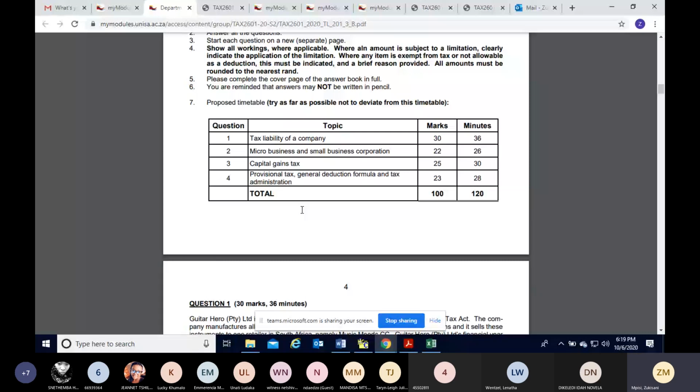We have covered different types of taxpayers, which also included provisional tax calculation, micro businesses, small business corporation, other kinds of companies. We moved on, we covered gross income, deductions, capital allowances, and today we did capital gains. So in 7 weeks, we have covered 7 learning units.